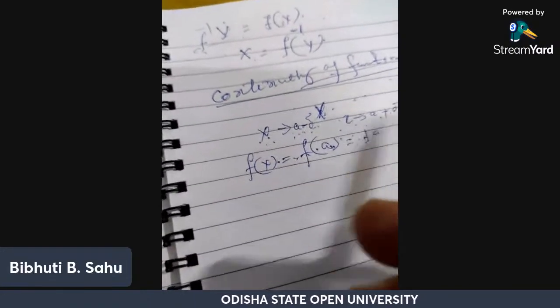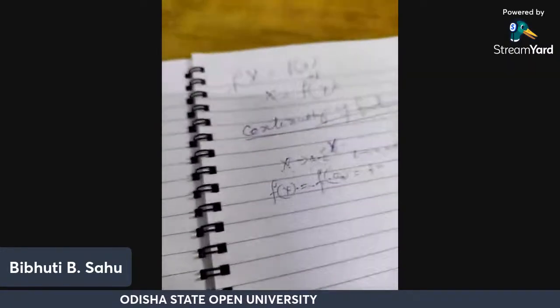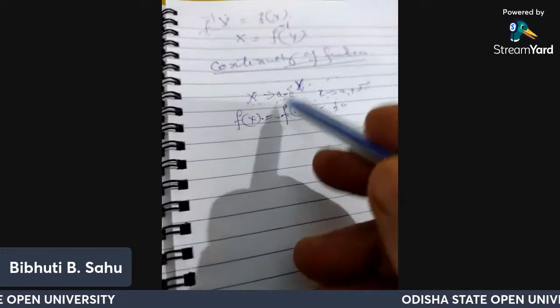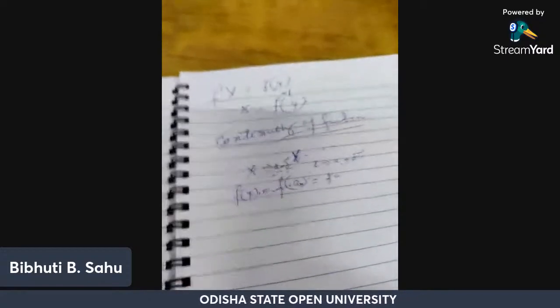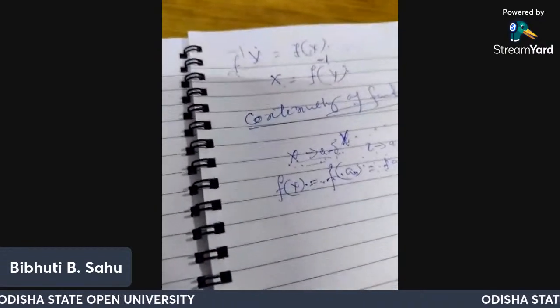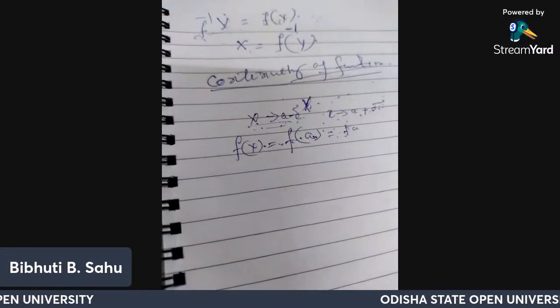For every value of x in its domain, it is said to be continuous throughout this interval. When we take a minus delta as a certain value and a plus delta as a certain value, that interval has certain continuity.